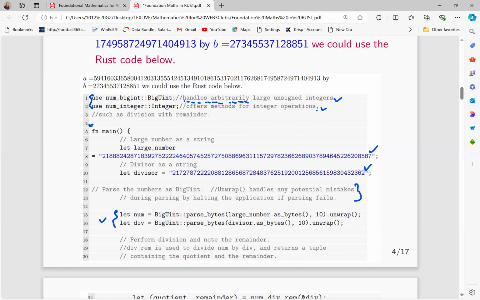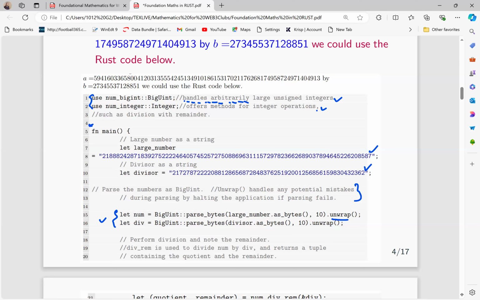Now, what do you see here? I've said parse bytes, large number as bytes, but there's this unwrap. The unwrap, I've said, will handle the potential mistakes. That is, in case when this program is running, it encounters a mistake during the process of trying to convert this number into a format that the program can understand.